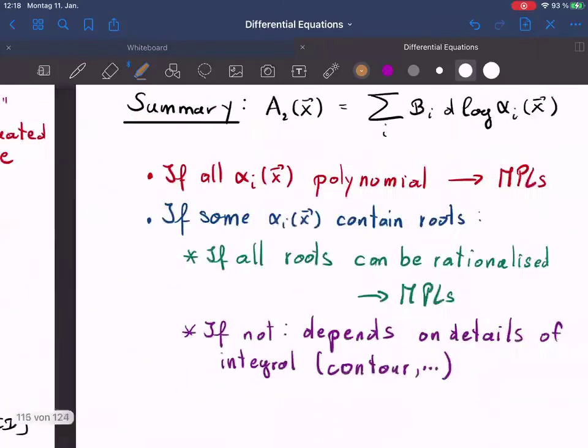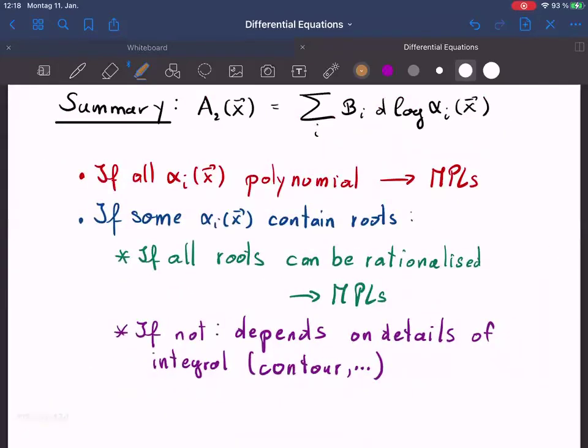Okay, so let's summarize this. So that was the case we discussed. We started off with saying, okay, we have a canonical form where A1 is 0, and so A2 takes the form of a sum of terms, each term being a constant matrix times a d-log of some letter, alpha i.